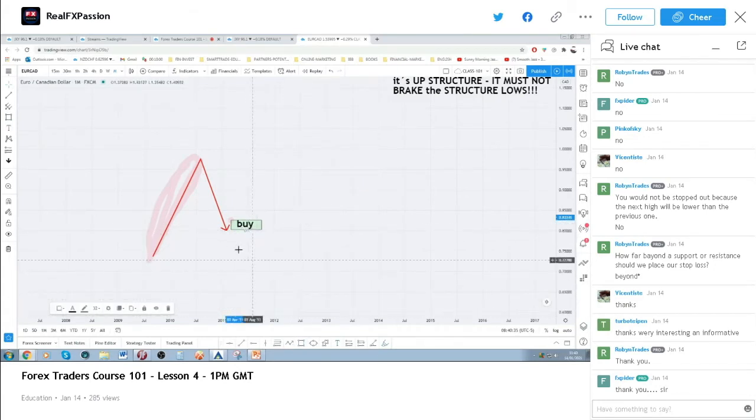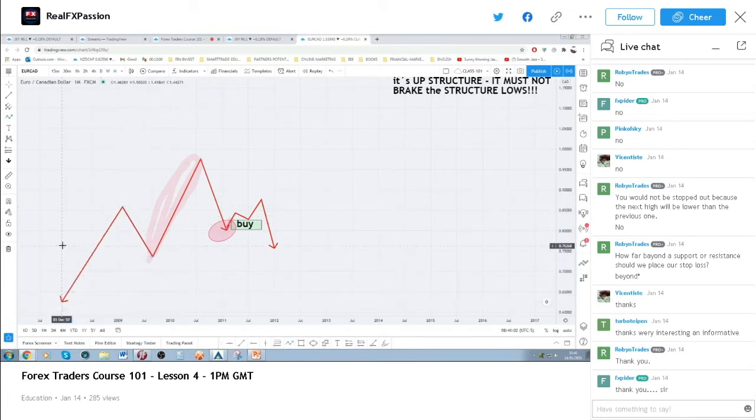The market starts to make higher highs, higher lows. Then the market does something like this, which is supposed to be a structural low, and the market pushed further down. Here is the question: did the structure change, everybody?